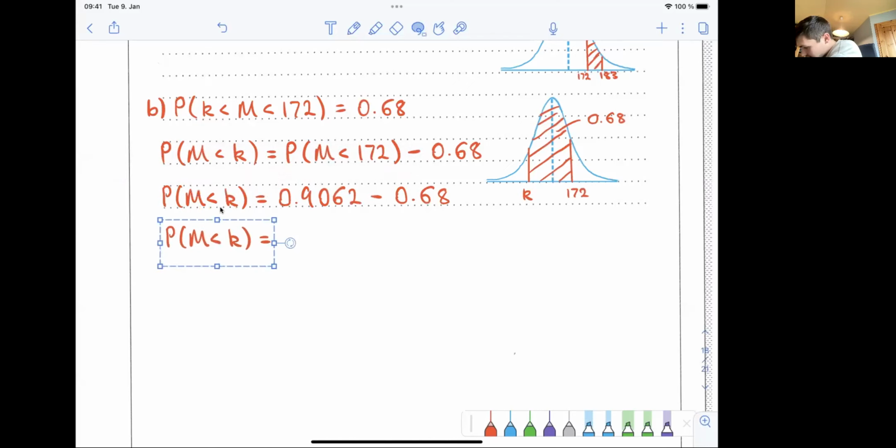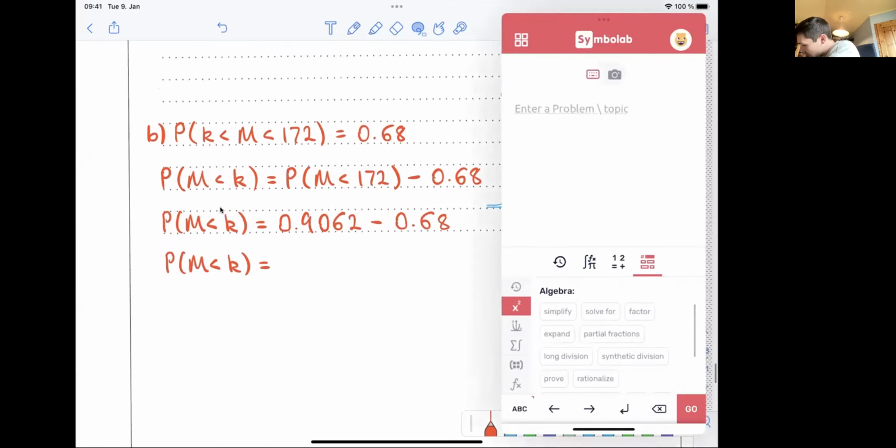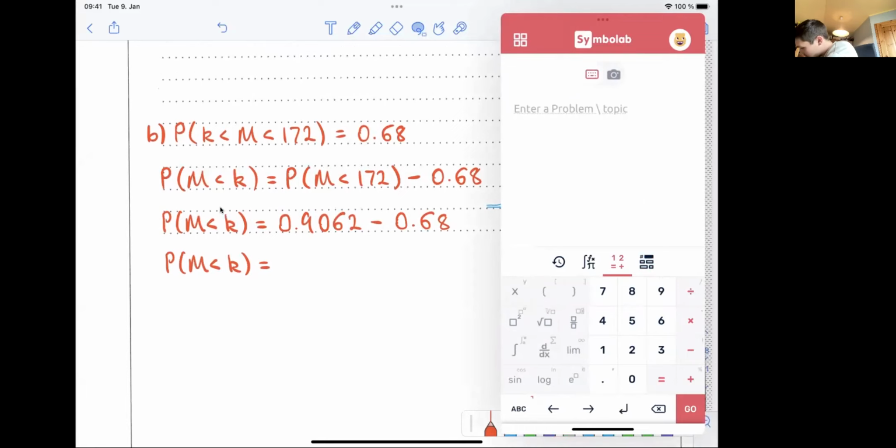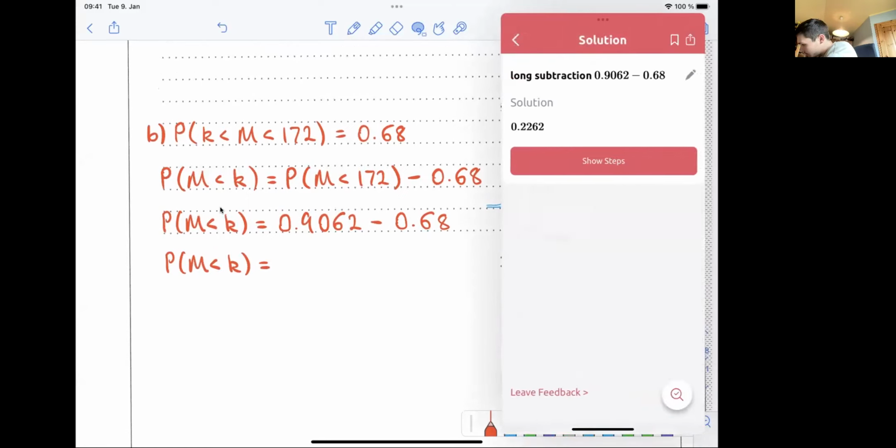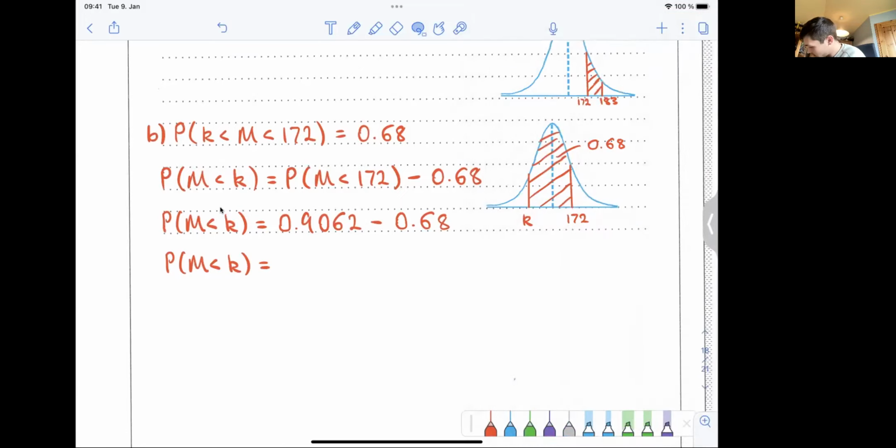If we do that, 0.9062 subtract 0.68 gives 0.2262. All right, so now I know the probability that a randomly selected apple is less than k grams.